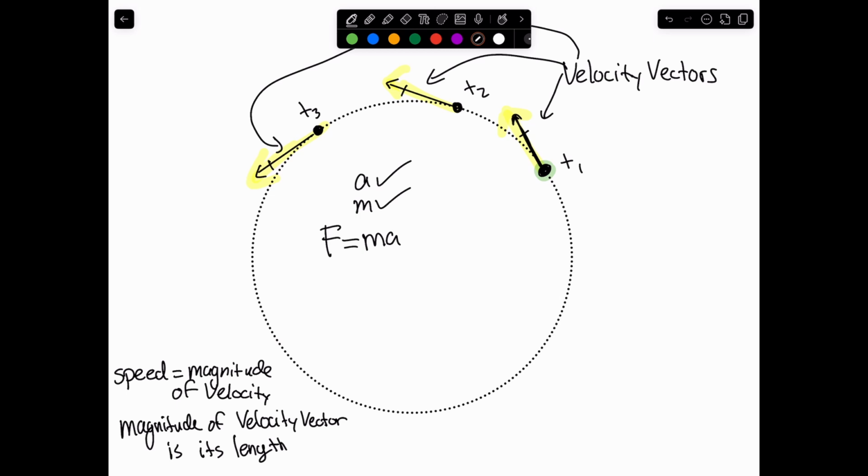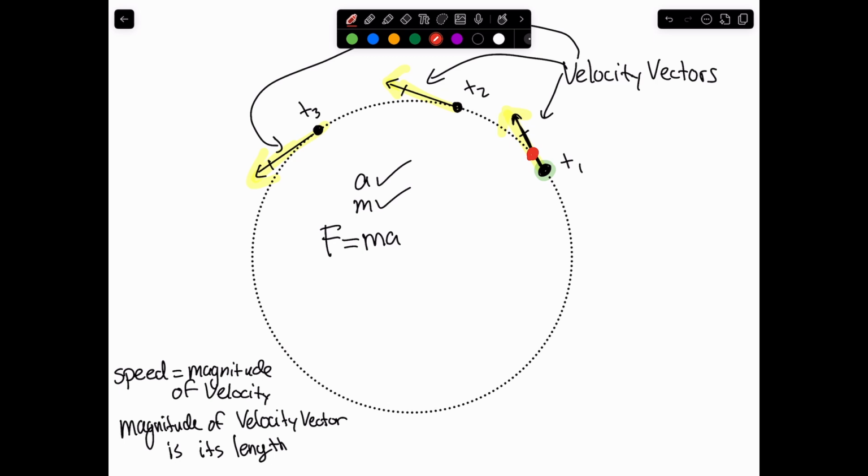Now, what'll happen in the next instant? Obviously, I can't draw the next instant, but I'll draw another object very close, and I'll draw it in red to differentiate it. So it's moved a little bit. This is like the next second of the path. What is the velocity going to look like?